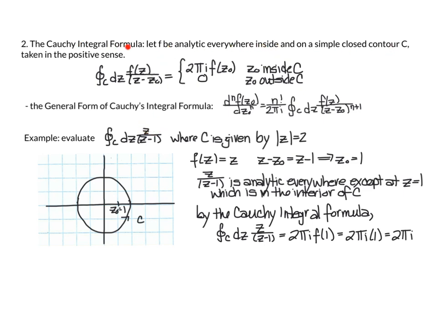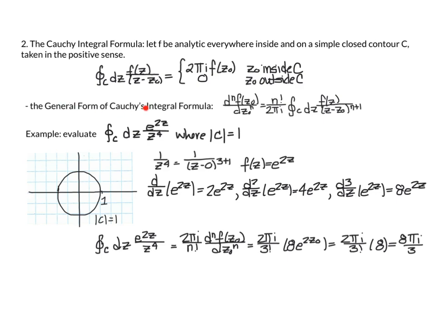So by Cauchy's integral formula, our integral is equal to 2 pi i f of z naught if z naught is inside of C. And that's the case we are in. Our singularity is inside of C. So that means our integral is equal to 2 pi i f of 1. Plugging 1 into our f of z, f of 1 is equal to 1. So our final answer is 2 pi i.